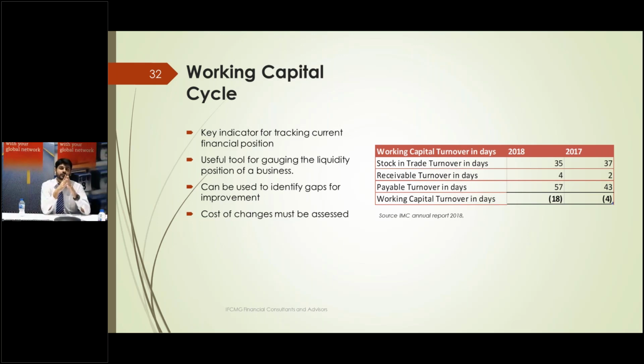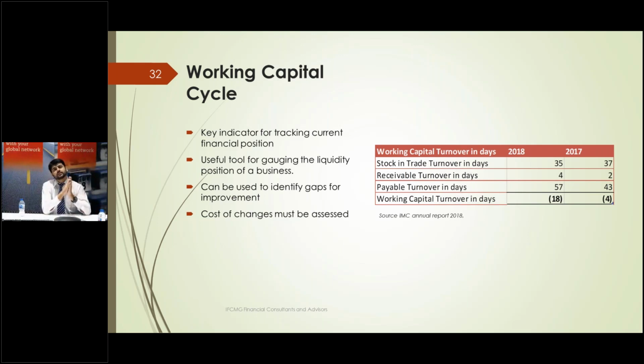The stock turnover is 35, meaning it takes 35 days on average to convert our inventory into sales. And 4 is the receivable turnover in days, meaning we take 4 days to convert our sales into cash. So we need 39 days of finance to finance our sales cycle.